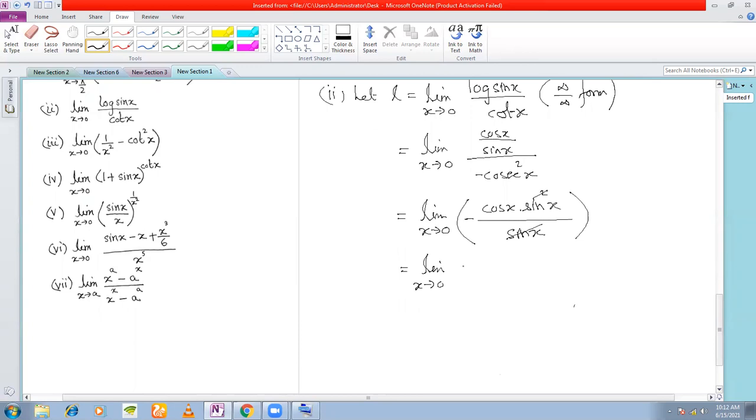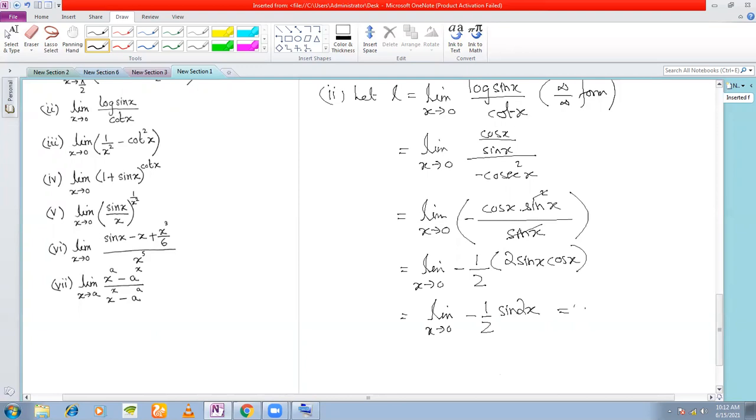Now, minus sin x cos x, whenever you see it, you think of multiple angles. So 2 sin a cos a is sin 2a. So you write this as 2 sin x cos x. Okay, so this is limit x tends to 0 minus half sin 2x.